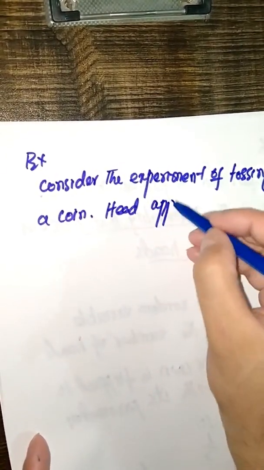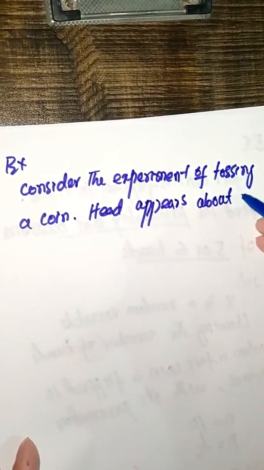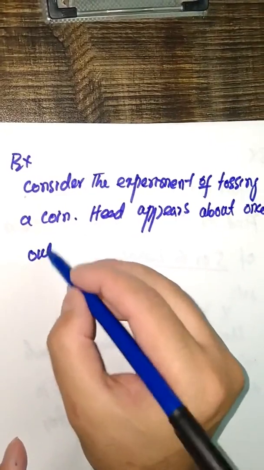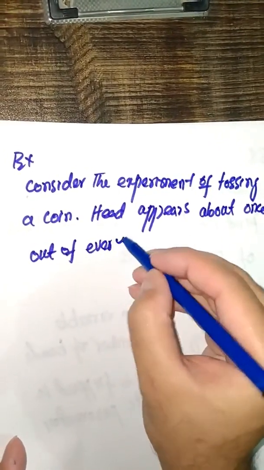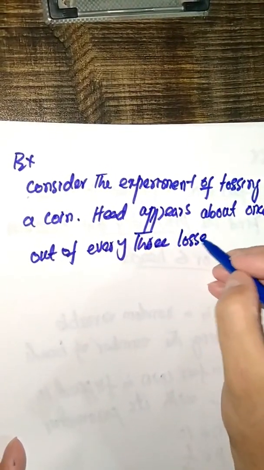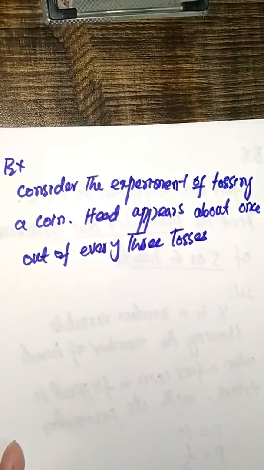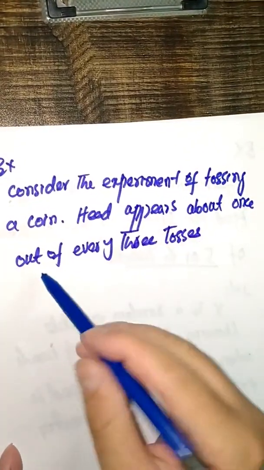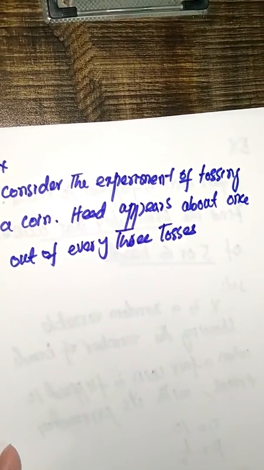Head appears about once out of every 3 tosses. So in every 3 tosses, when a coin is tossed, the head appears once out of every 3 tosses.